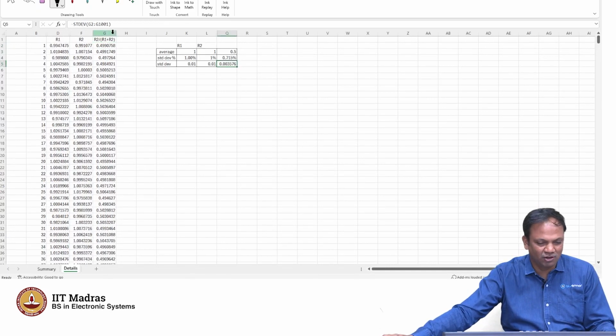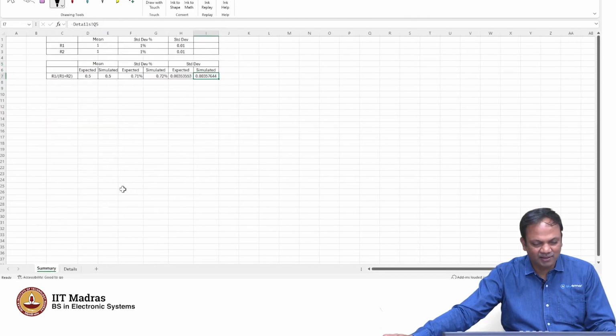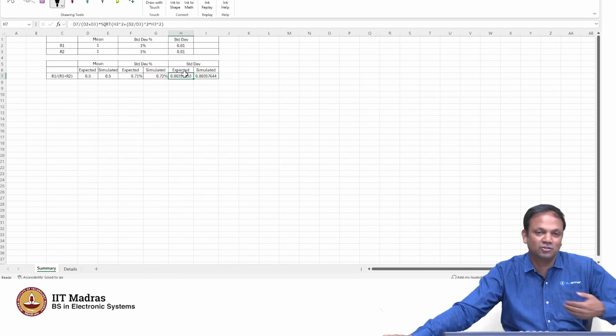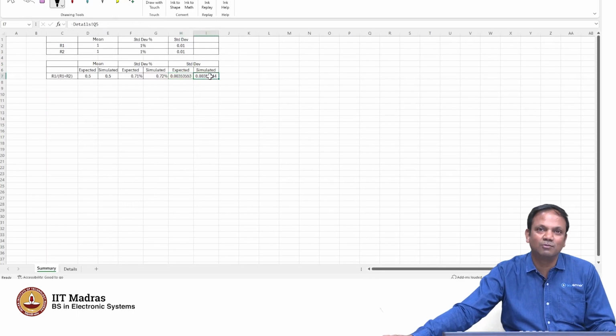You can see that this is column G going from G2 to G1001, which is 1000 values, and this cell here is calculating the standard deviation for this array, right? And then I go back here and ask, how close is my expected value, which is based on the formula that we just derived, to the simulated value?